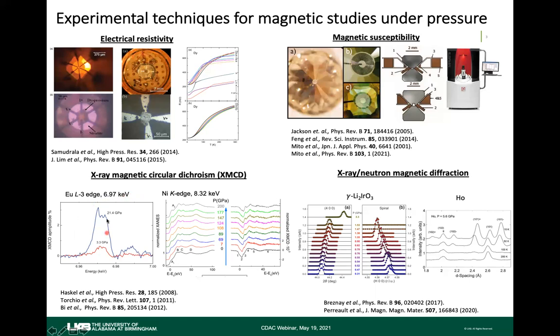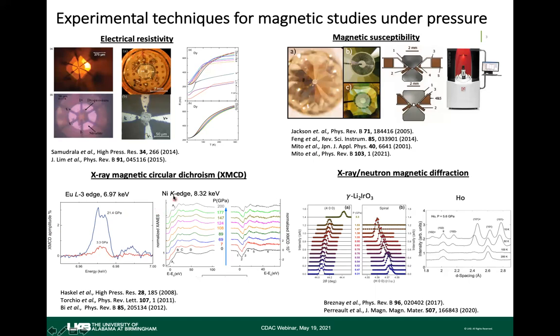For example, here, this is the europium at L3 edge, and europium in this case is a ferromagnetic order, and the XMCD is sensitive enough to pick up an antiferromagnetic order up to 20 GPa also.